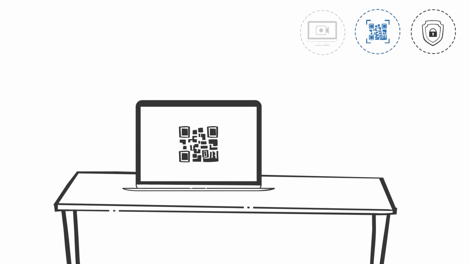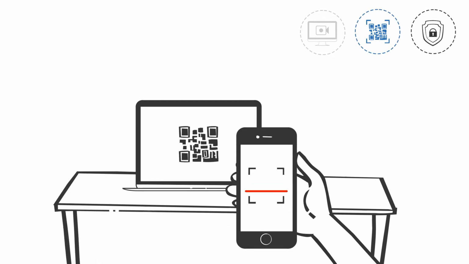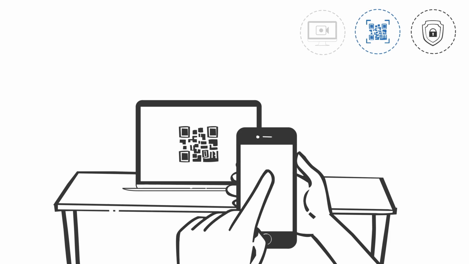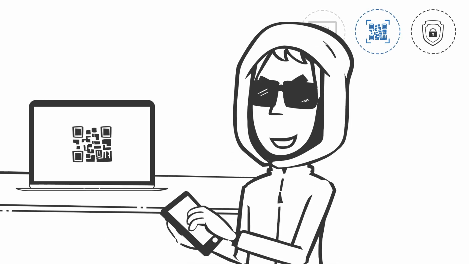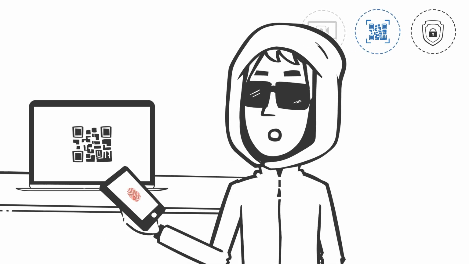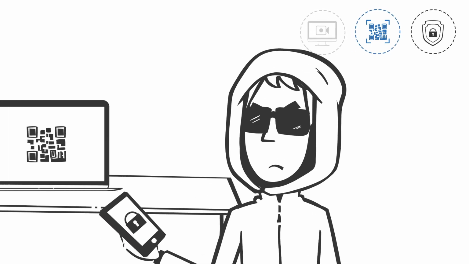To continue the session, the user simply needs to scan the triggered browser prompt using their mobile device with the CyberArk mobile app, requiring a biometric authentication. This security control is highly effective in making sure only authorized users can access your critical applications.